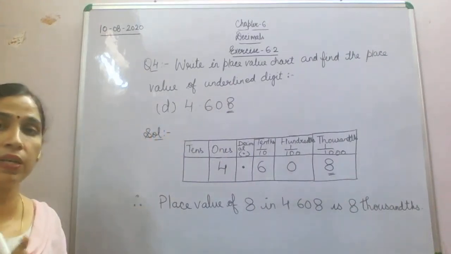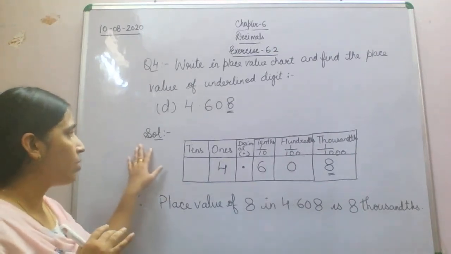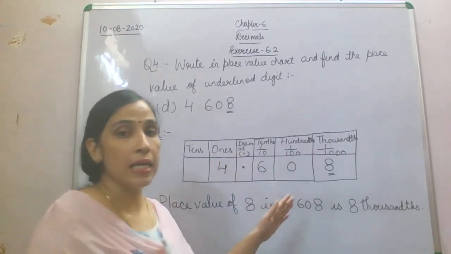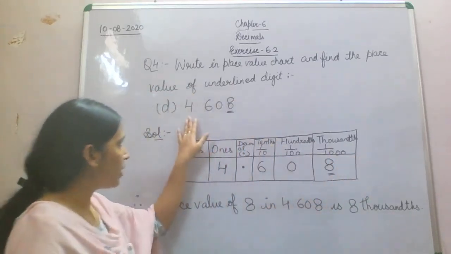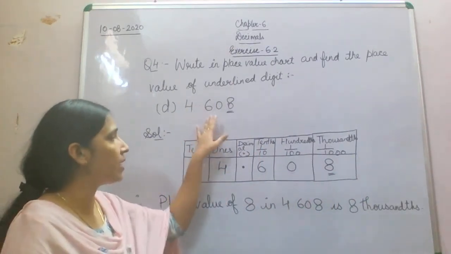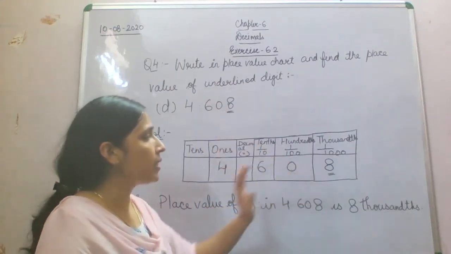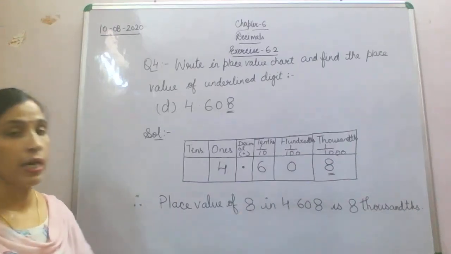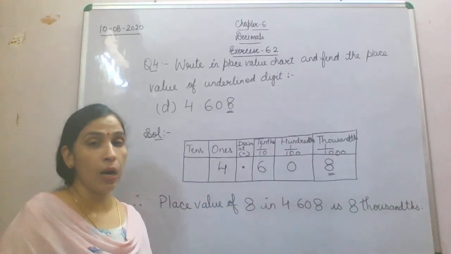You have been given 4.068 and in the solution you will draw a place value chart, and in the decimal part you will increase till thousandths. Then 4 is your ones place, so you write 4 on ones place, then 0 on tenths, 6 on hundredths, and 8 on thousandths place. Now you find the place value of 8 in 4.068, that is 8 thousandths.